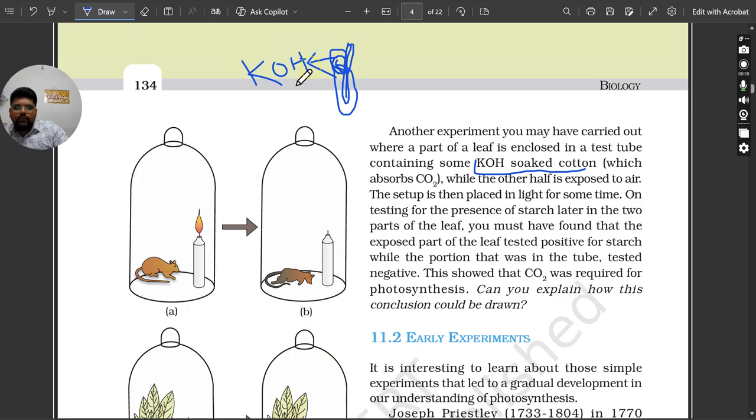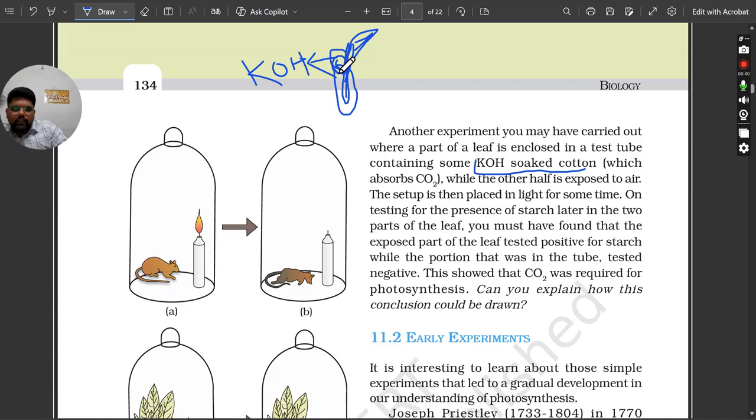The special property of KOH is that it can absorb carbon dioxide. The half leaf is exposed to the air, and half leaf is in the test tube. The test tube is plugged with cotton which is soaked with KOH.